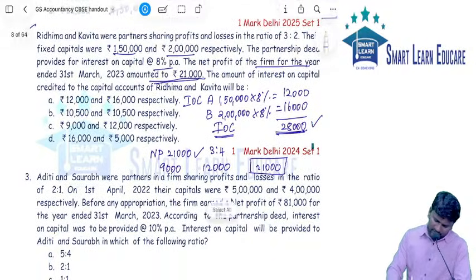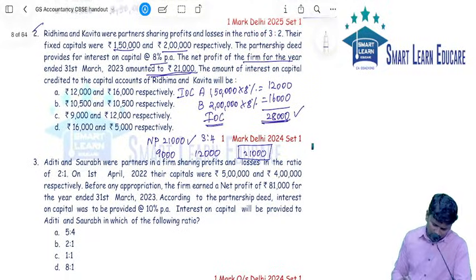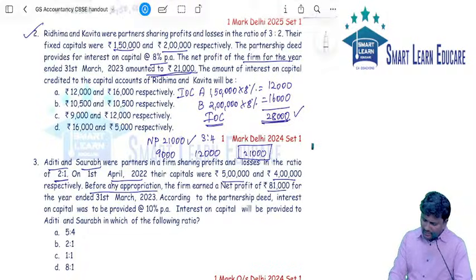Next, take question number 3. A and S are partners sharing profits in the ratio of 2:1. Profit sharing ratio 2:1. On 1st April, capital is 5 lakh and 4 lakh. Before any appropriation, the firm earned a profit of 81,000. It means net profit earned is 81,000.